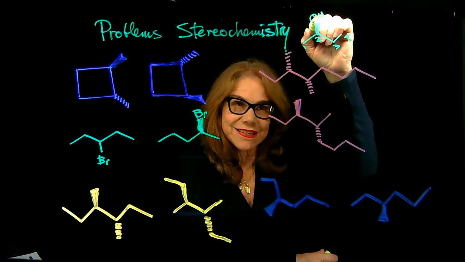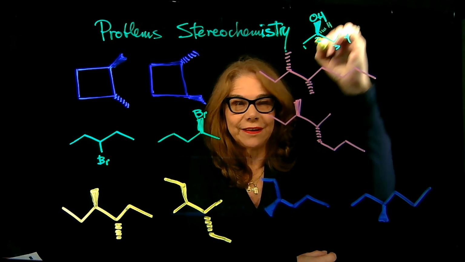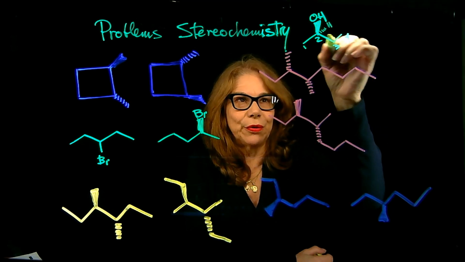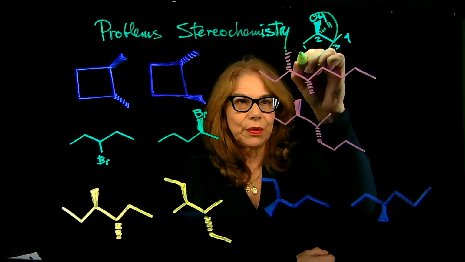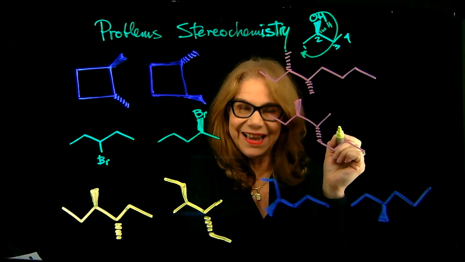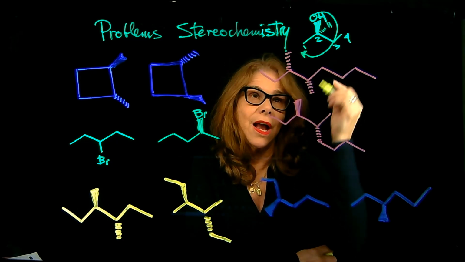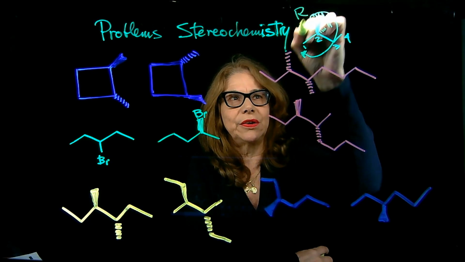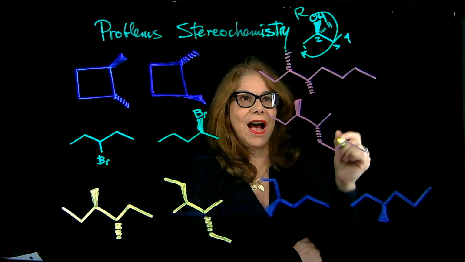Priority 4 is the H, which is in the back. If this is 1, priority 2 is to the right. Priority 3 is carbon number 1, and the 4th is in the back. So the absolute configuration of the chiral center here is R.